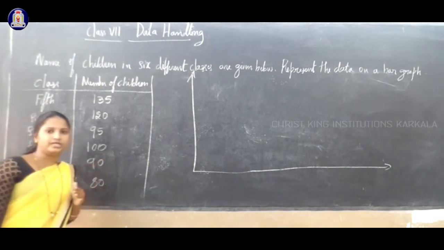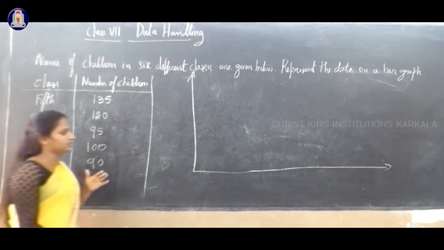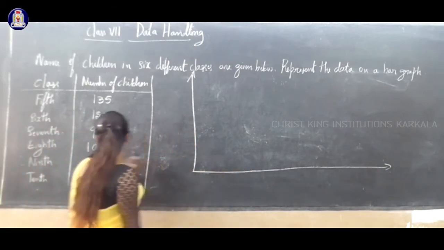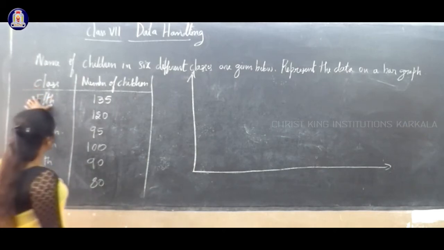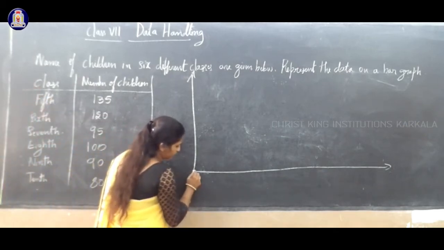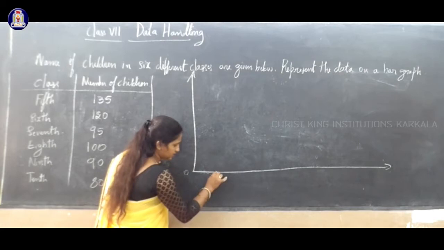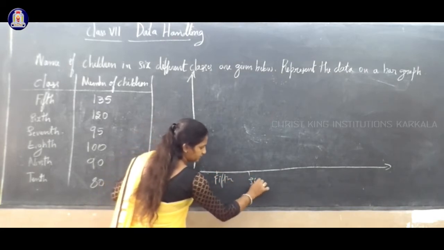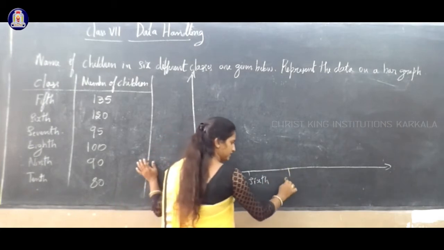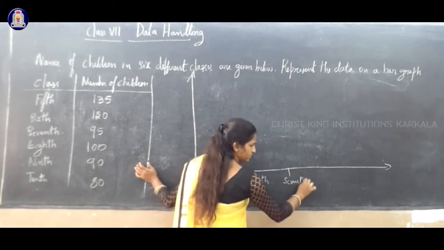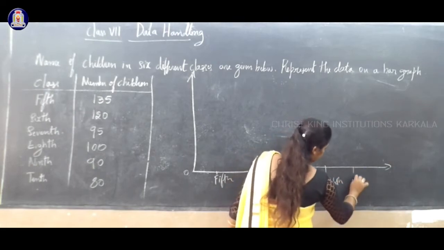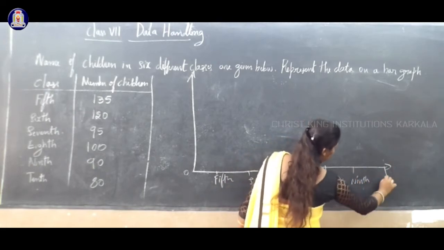Now how can we represent this in a bar graph? First, in the horizontal line, you have to write classes. Here you can mention this is 0. Next here you write 5th, next 6th, next 7th, 8th, 9th, and last 10th.